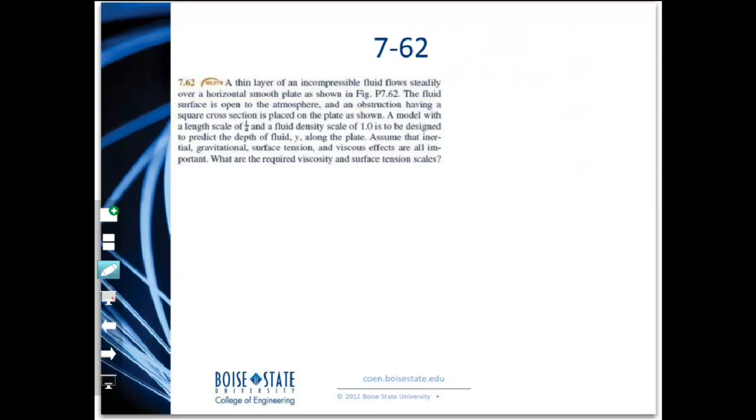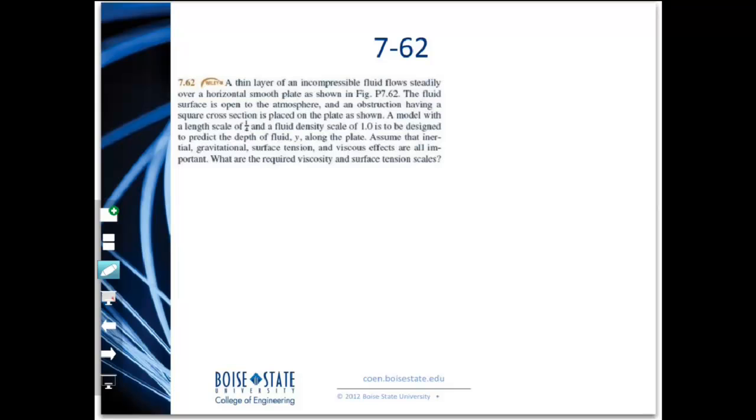Now let's look at another problem. A thin layer of an incompressible fluid flows steadily over a horizontal smooth plate as shown. The fluid surface is open to the atmosphere and an obstruction having a square cross section is placed on the plate.